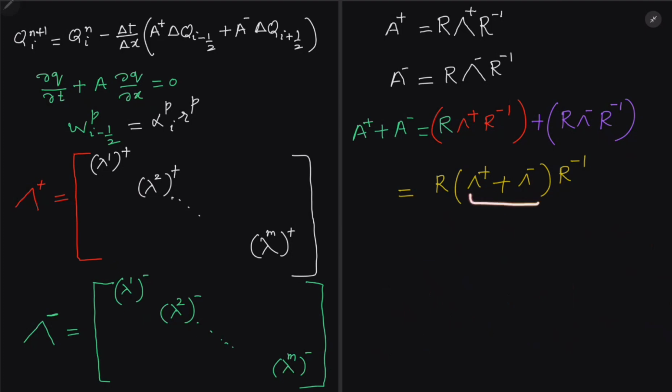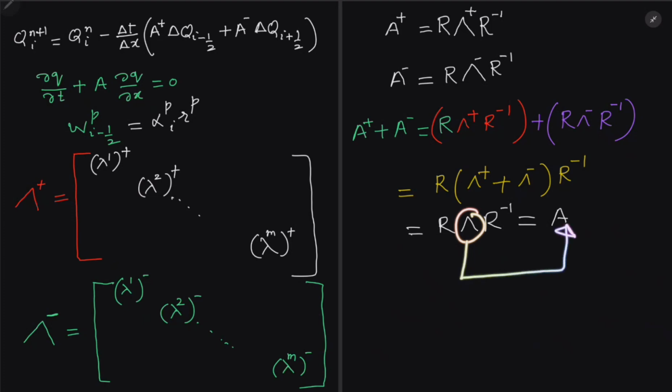This can be written as omega, or lambda, so omega R inverse will be equal to A when lambda contains positive and negative eigenvalues.